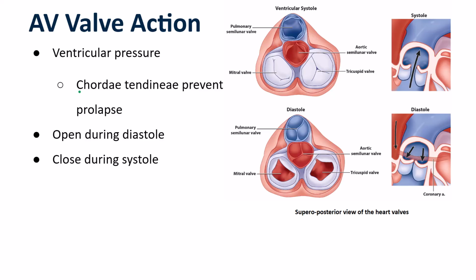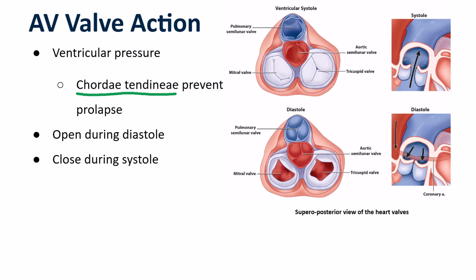Those chordae tendineae do put tension on the cusps. The papillary muscles do help provide that tension, but it's pulling against the pressure of the blood as it's exerted on those valves. And it's that pressure that brings the valves together, even though the chordae tendineae are helping that.